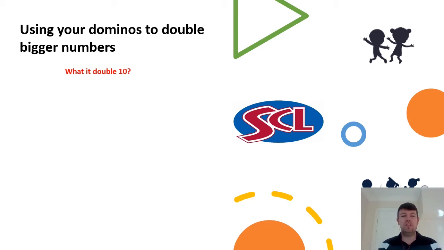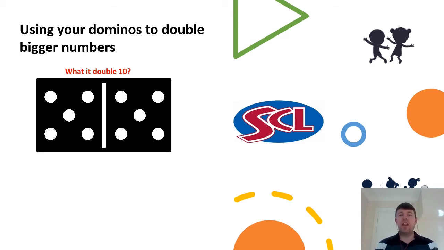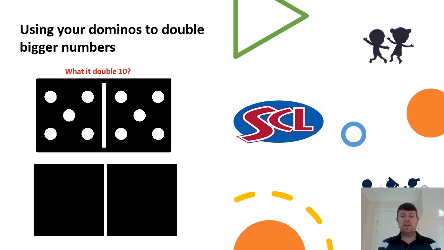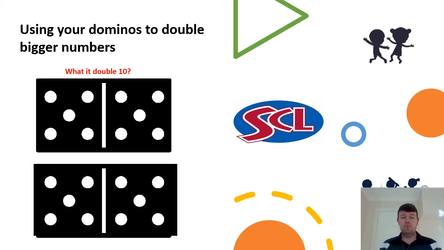So all you would need to do is, with the last domino you've just used, where we looked at double 5 to make 10, we would do that and then simply take a new domino card and copy what we've got. So we've already got 10 and now we do the same again. We draw 10 dots and then we count up the total number of dots.